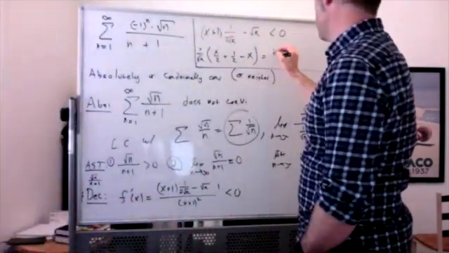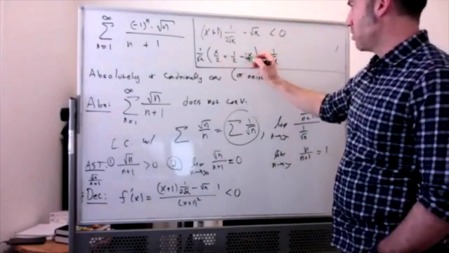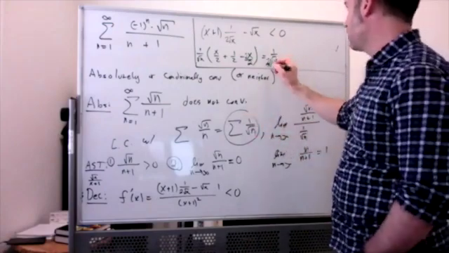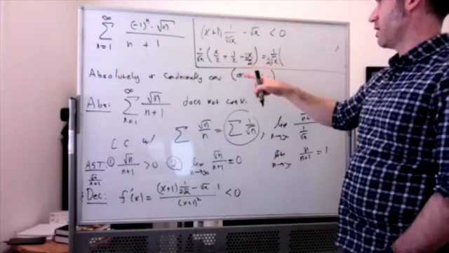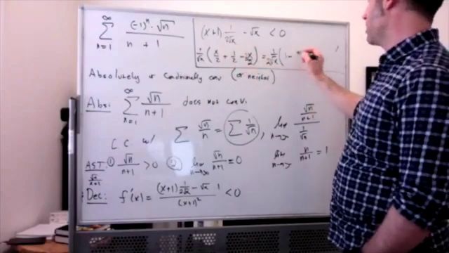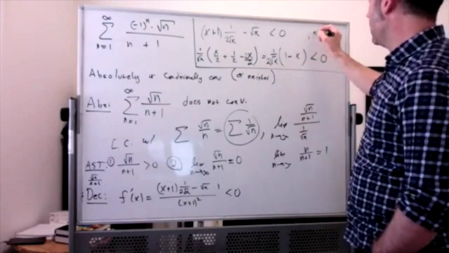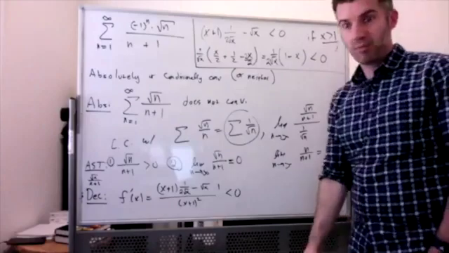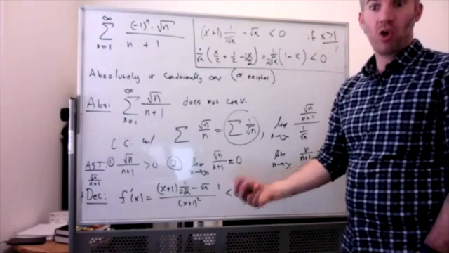And that's equal to 1 over root x times, this is a 2x over 2. I guess I should have factored out a 2 in the denominator as well. So I'm left with x plus 1 minus 2x. So that's going to be 1 minus x. And that's definitely negative if x is greater than 1. Which means that this is negative as long as x is bigger than 1. Great.